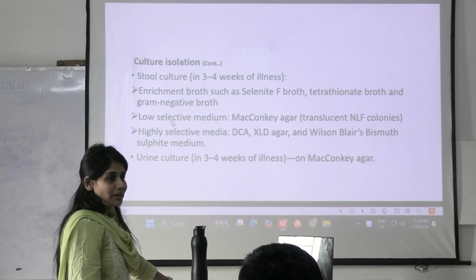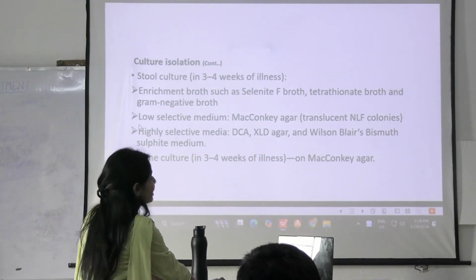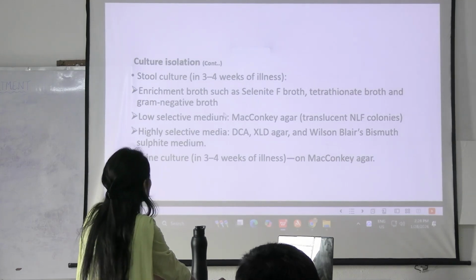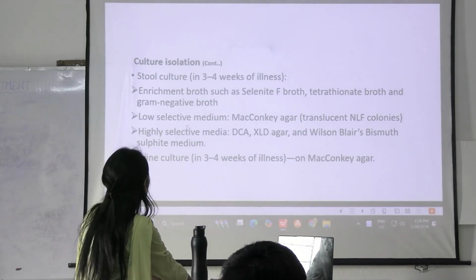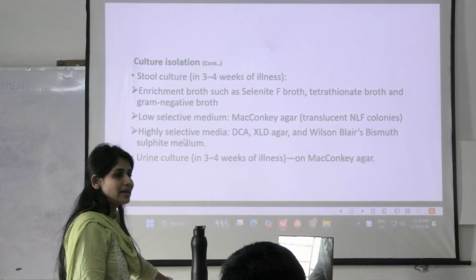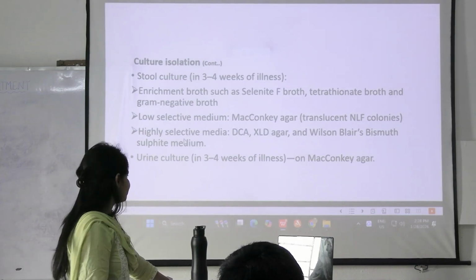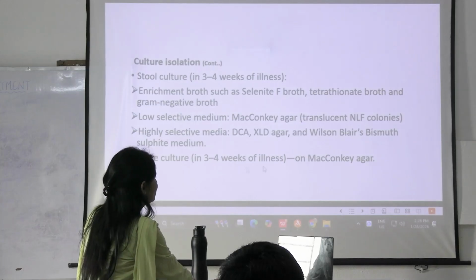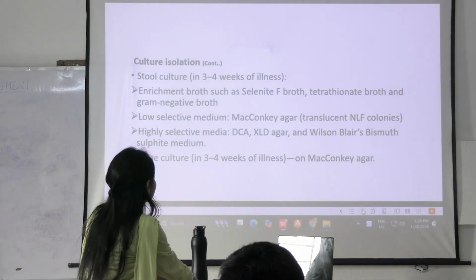For stool culture, we have enrichment broths: selenite F broth, tetrathionate broth, gram-negative broth. And you might have known about this selective medium, MacConkey medium, you have heard about it, right? Then there are highly selective media for stool culture, which are DCA, XLD, or Wilson-Blair's bismuth sulfite medium. And for urine culture, you can use MacConkey again, right?